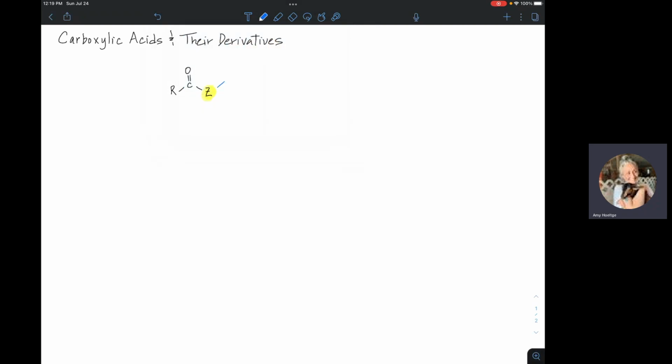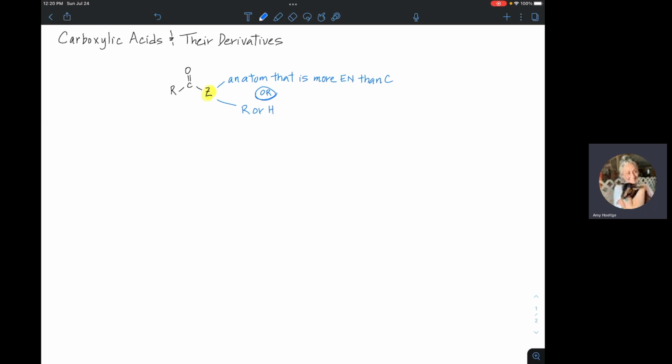We either have, in other words, an atom that is essentially more electronegative than carbon, or we have an R group, another R group, or a hydrogen.